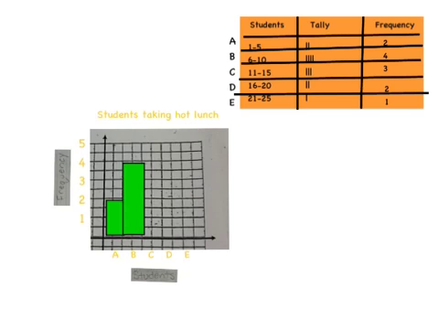In row C, there are 3. In row D, there are 2. And in row E, there are 3. And that's how you do a histogram. There actually is only 1 in row E. Sorry about that. So that's how you do a histogram.